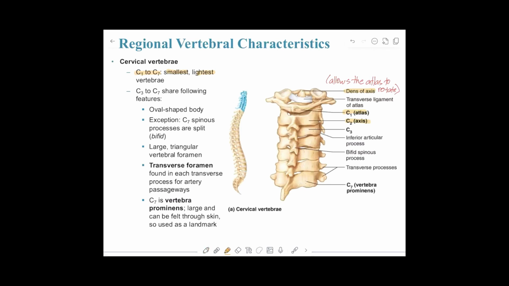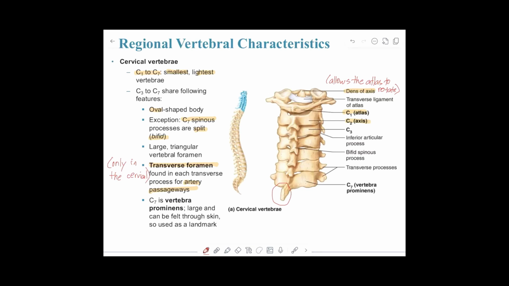C3 through C7 don't have any specific name, but they do have an oval shape to them. C7 spinous process is what's called bifid. It's kind of split like a forked tongue right here. It has a transverse foramen, and the transverse foramen is only in the cervical region.